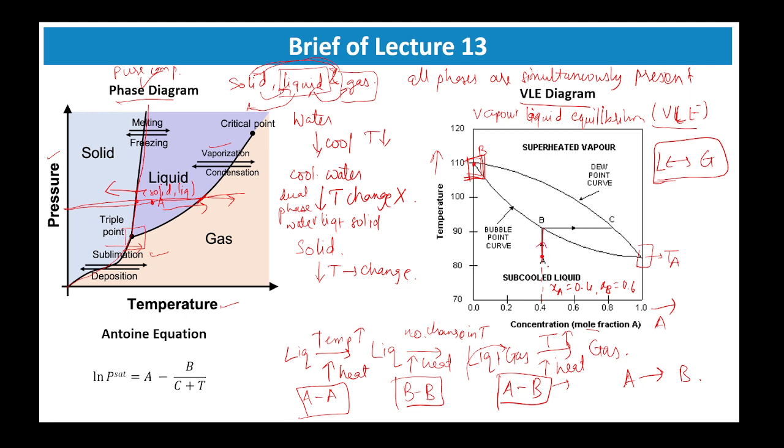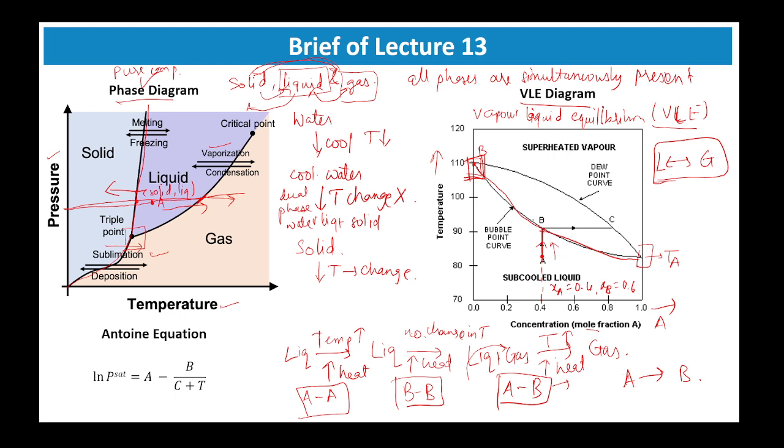Now this will depend on the specific heat of each of the components. Depending on that, that much temperature rise will be observed. So once you reach this, the lower curve is known as the bubble point curve, because till this point whatever was there was entirely liquid. So this region is known as subcooled liquid, because you are still observing rising temperature.